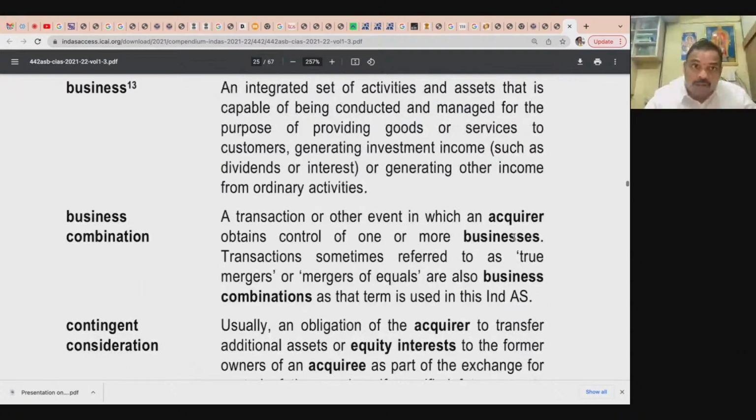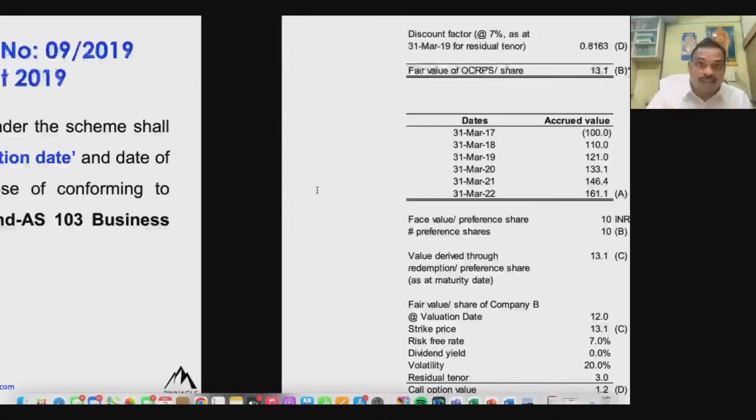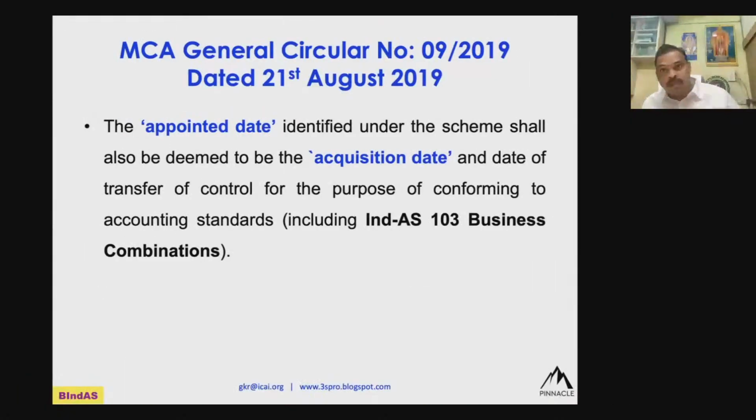Okay. Check. Now, I want your attention to this term called acquisition date. So the date on which the acquirer obtains control. Now, I'll take you to this interesting MCA General Circular 09/2019, which is dated 21st August 2019, which very clearly mentions that the term appointed date is the term used in the Companies Act. The term acquisition date is a term used in the Indian Accounting Standard.